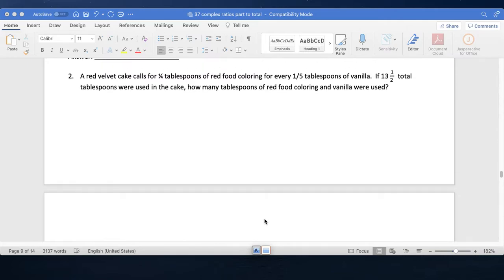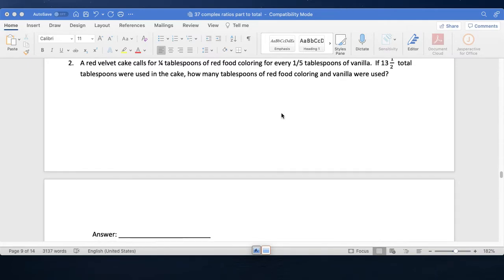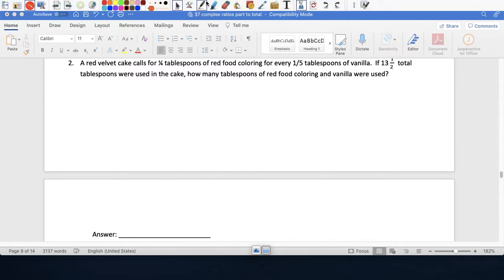Number 2. So again, it's a part to total relationship. Over here we're going to write a red velvet cake needs 1/4 tablespoons of red food coloring. And the ratio is 1/4 of red with 1/5 of vanilla. We're talking tablespoons.